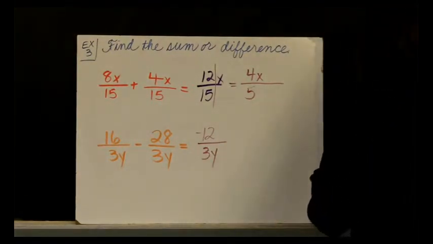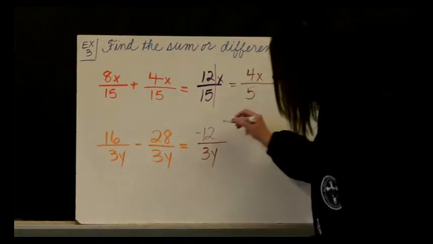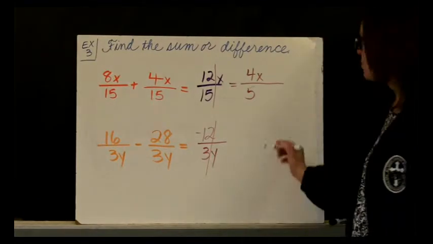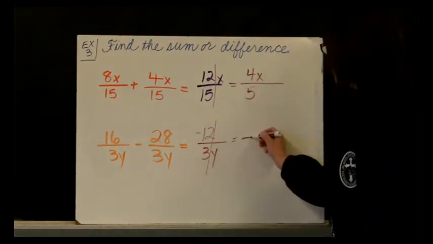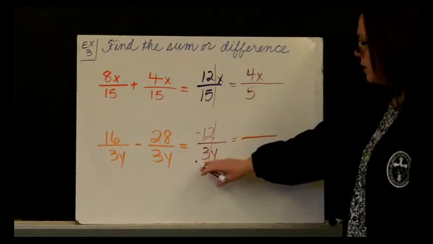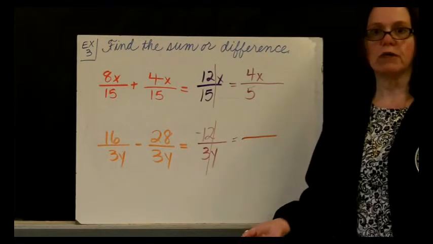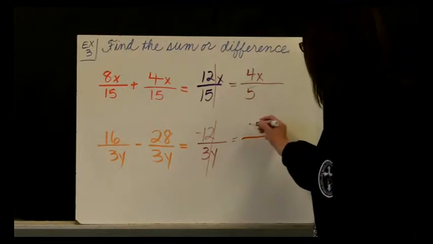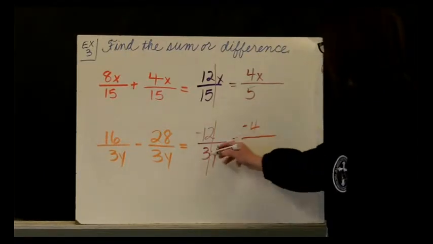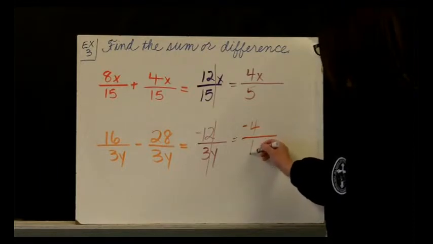Again, you want to remember that these coefficients are separate from the variable. The coefficients can be simplified. 3 is the greatest common factor of negative 12 and 3. 3 goes into negative 12, negative 4 times. 3 goes into 3 once.